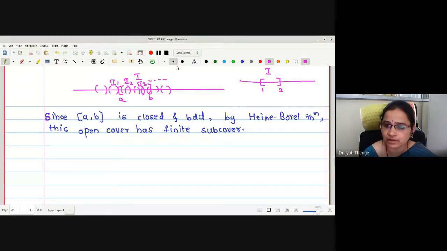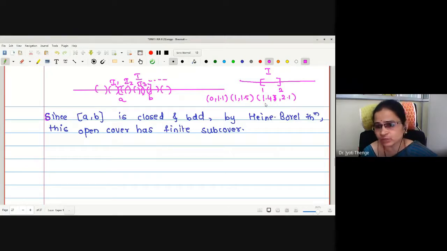First I will take an open interval, say (0, 1.1). Next, I'll take (1, 1.5). Next, I'll take (1.4, 2.1). Now take the union. How many intervals have I written? Three intervals, right?